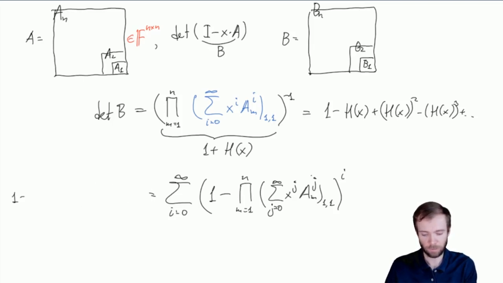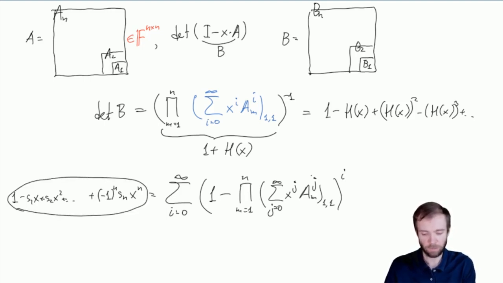So that's just 1 minus s1 x plus s2 x squared and so on. And the last term is minus 1 to the power of n, Sn, which is the determinant of A, times x to the power of n. So this is a polynomial, and it ends with the nth power of x.